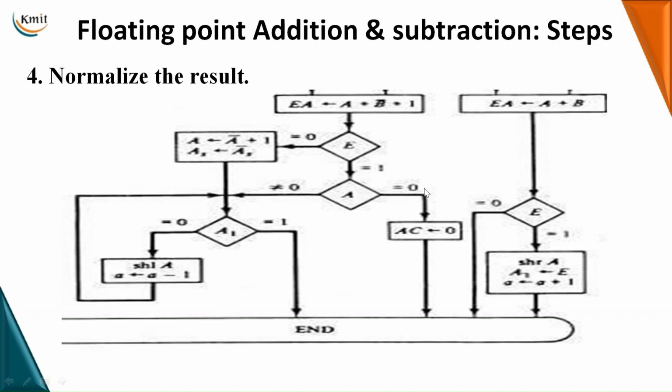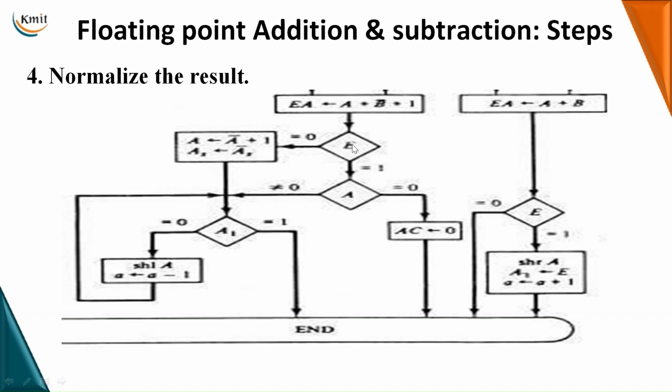If A is equal to 0, which means the result of your subtraction is 0. Say you are subtracting 0.1 minus 0.1. It gives you a result of 0. So in that case, when your mantissa is 0, the result becomes 0. So AC becomes 0. So in that case, you need not normalize the result.